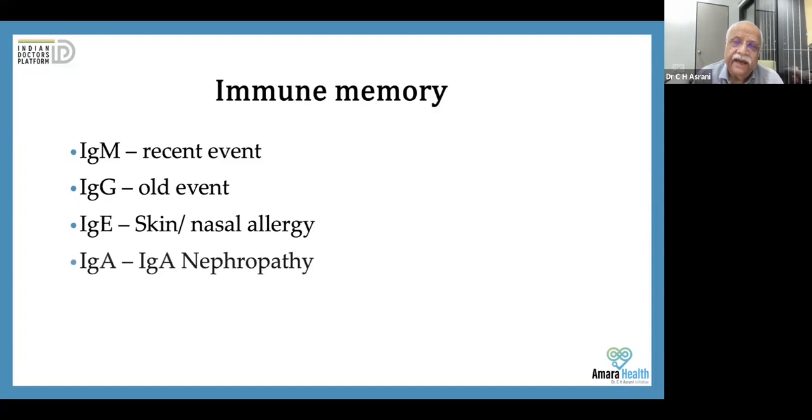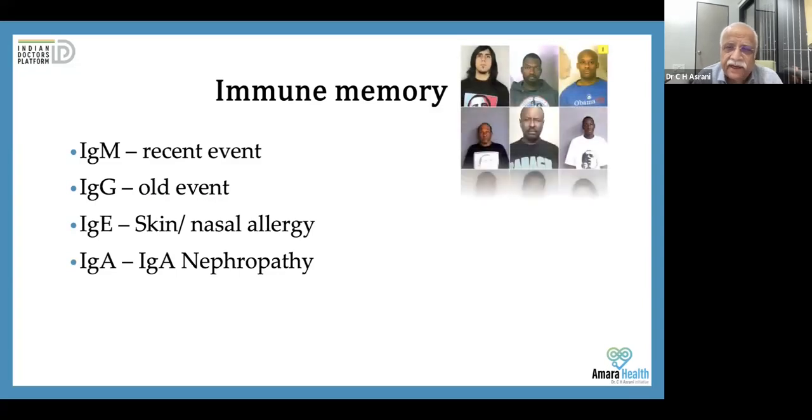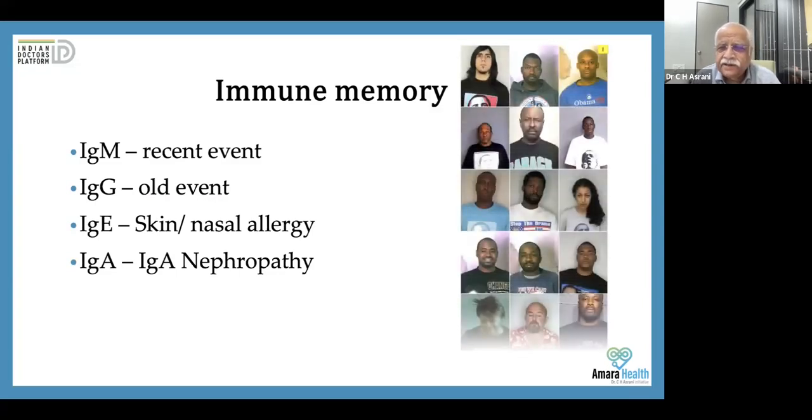And IgA causes nephropathy. And as you've seen in police stations, you have such pictures, or on our TVs, that is immune memory. IgG carries a memory. Like dengue IgG is supposed to be positive for 50 years also.